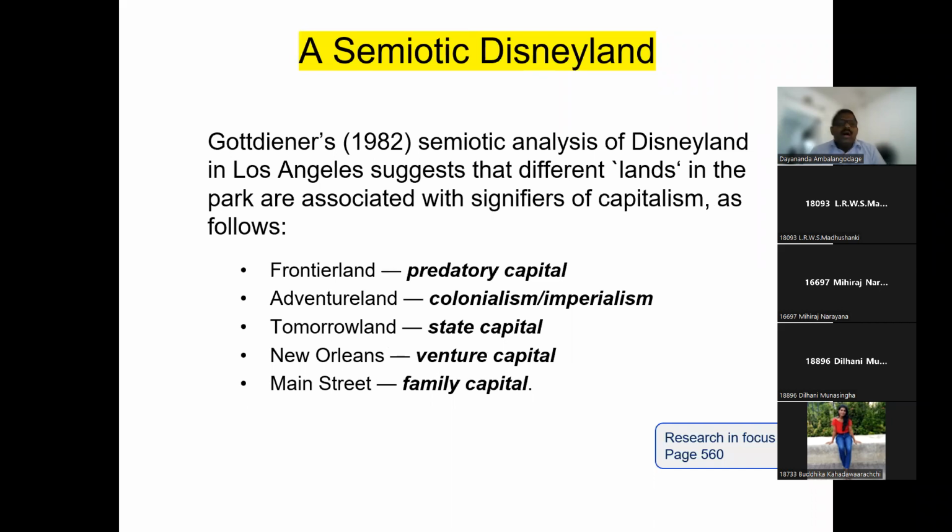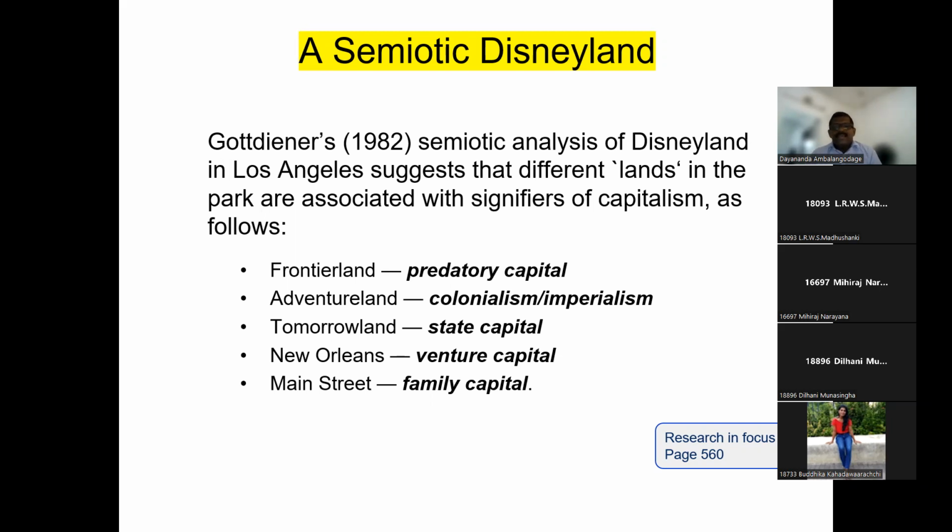So when you go to this particular Godin's 1982 semiotic analysis of Disneyland in Los Angeles, it suggests that different lands in the park are associated with signifiers of capitalism as follows. So different kinds of lands: predatory capital, colonialism, state capital, venture capital, family capital.